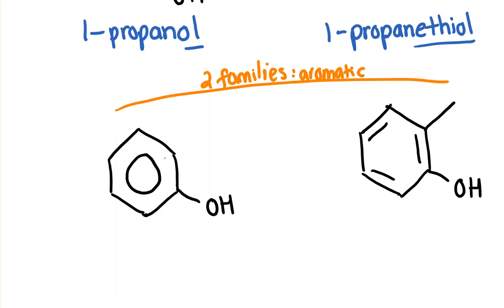And that's because of this benzene ring. Remember, there's 2 ways to draw a benzene ring. One is with the circle, and one is with the alternating single and double bonds. And having one of those makes it aromatic. These are also alcohols, because they have the OH.